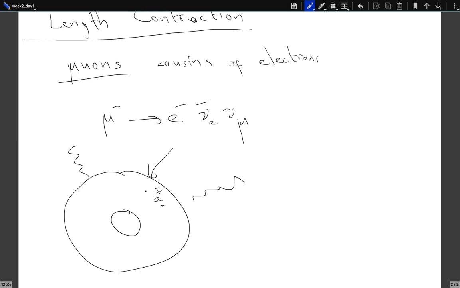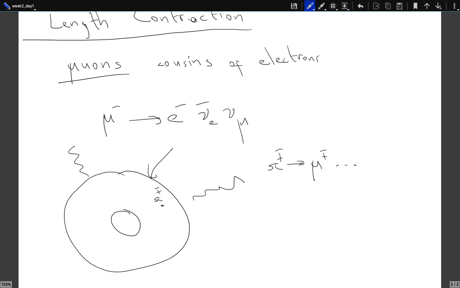The pions have somewhat the same mass as the muons, more or less. And they're also not stable. The pions decay into muons, plus other particles. So when there's a cosmic ray, it creates the pions. The pions decay, and they decay into muons.